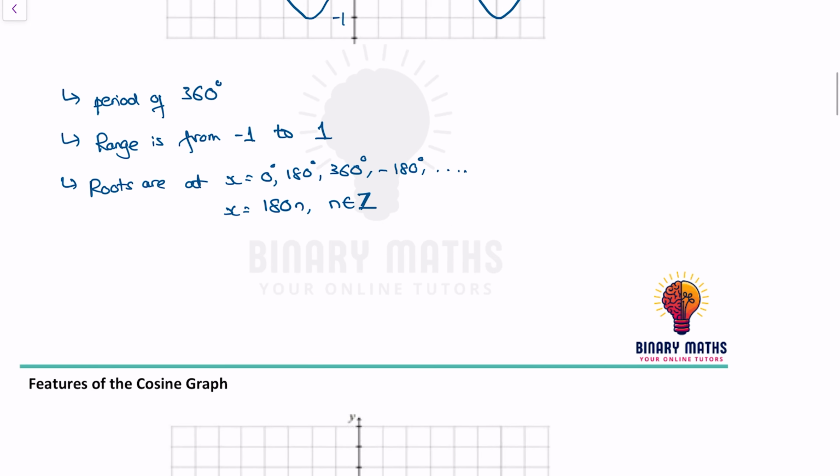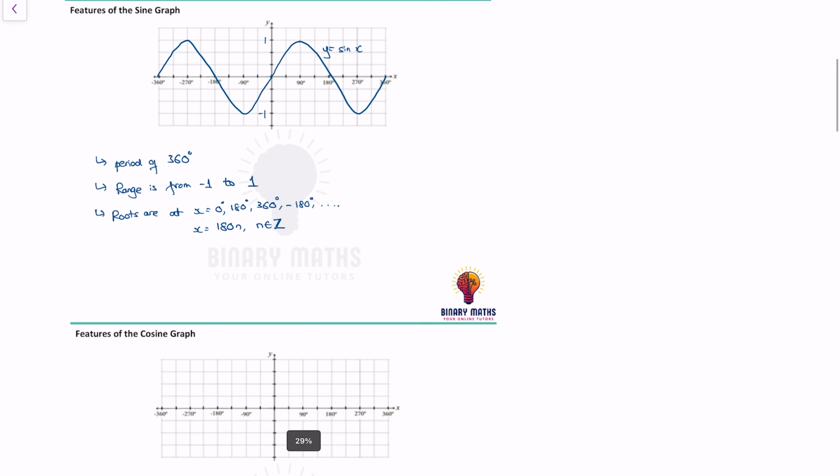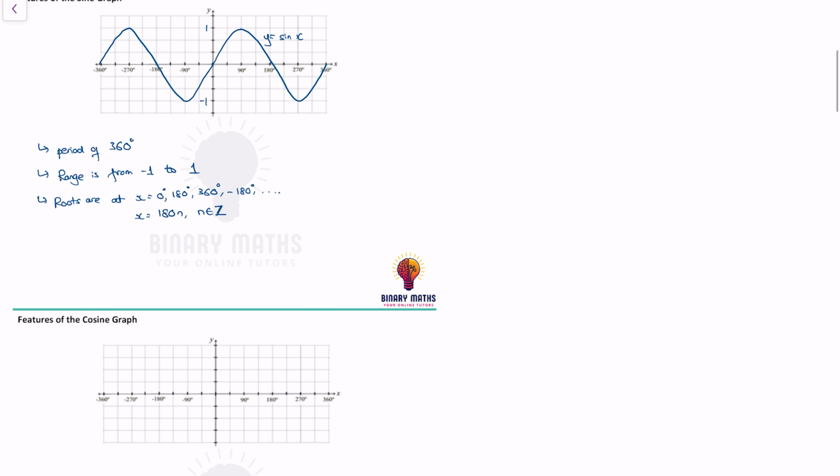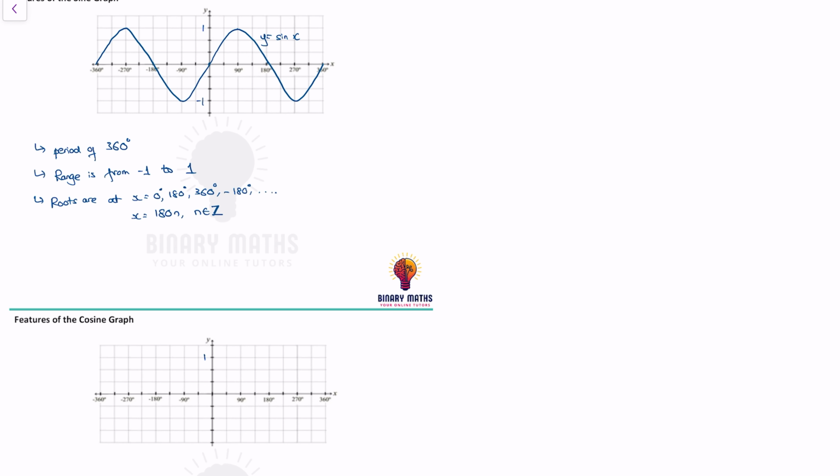Similarly, for a cosine graph, if I were to do a cosine graph so you can see both, the cosine graph has a maximum of 1 and a minimum of -1 as well. It starts off at 1, then it goes to 0, then -1, then 0, then 1. So it's very similar to a sine graph, but it's shifted slightly. So if I were to sketch it out, let's try that again.